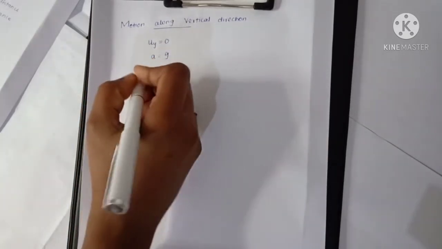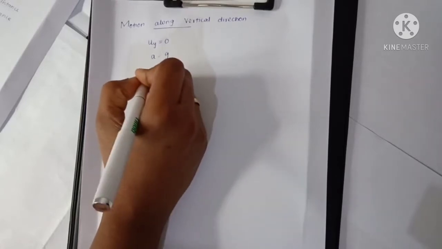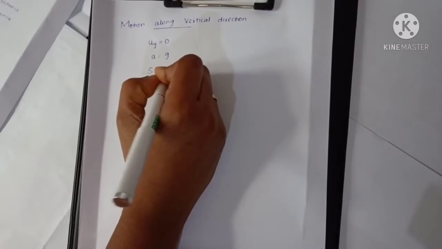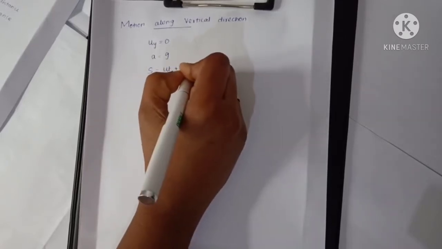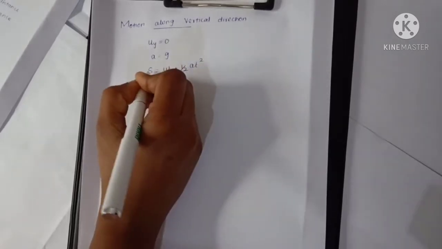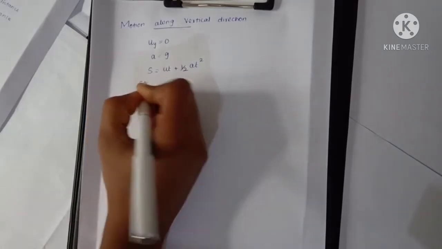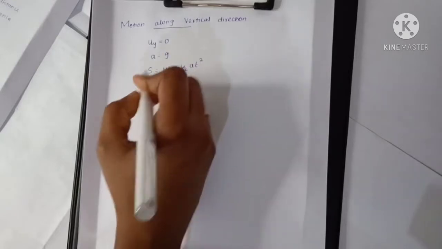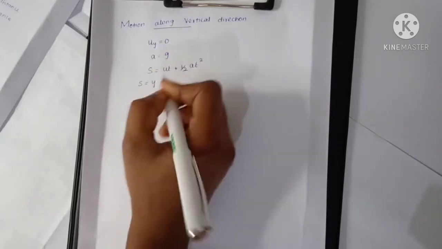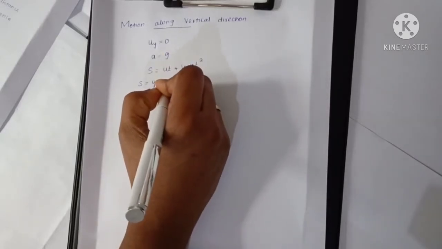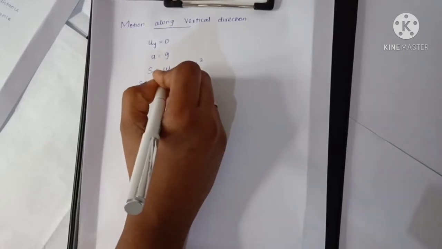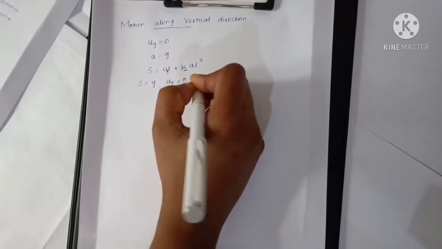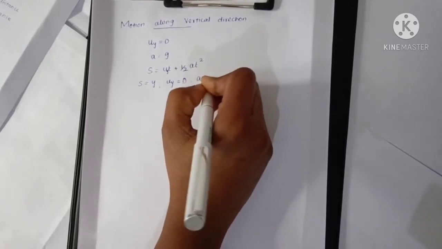From the second kinematic equation, we know that S is equal to ut plus 1 by 2 at square. Here, instead of S, we can put y because the object moves along the y-axis. Here uy is equal to 0 and a is equal to g.